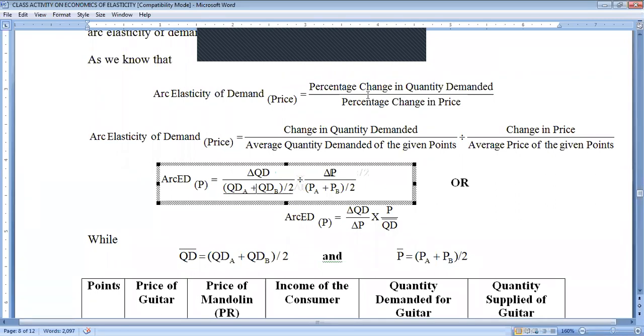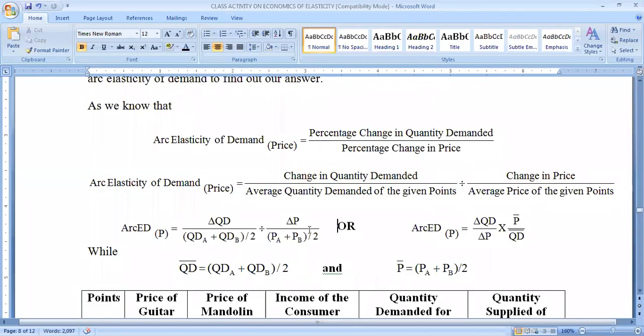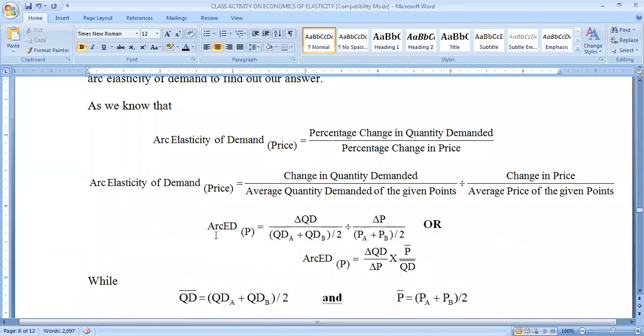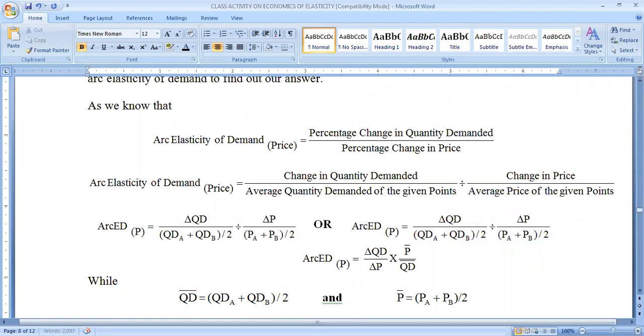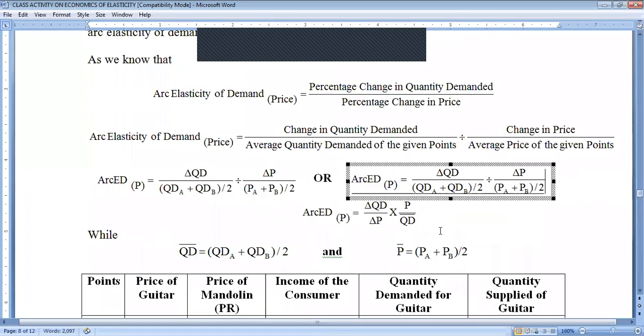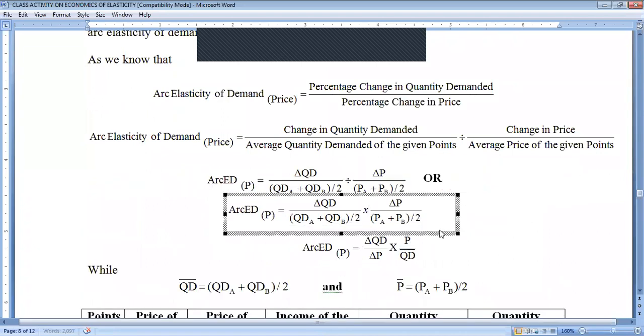The formula becomes delta QD over this information, which can further be written as, instead of this we can write a sign of multiplication.